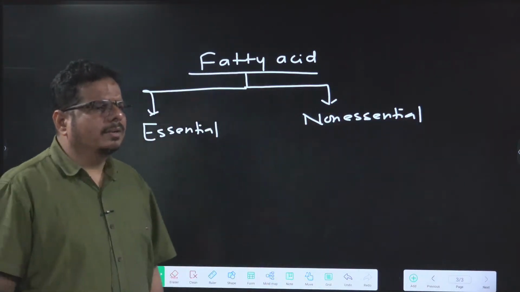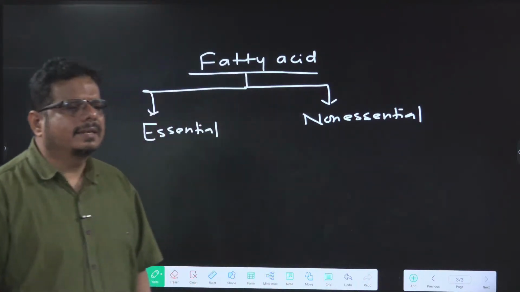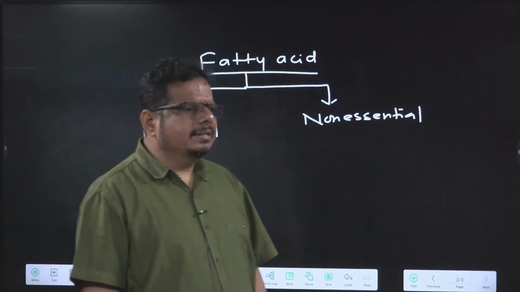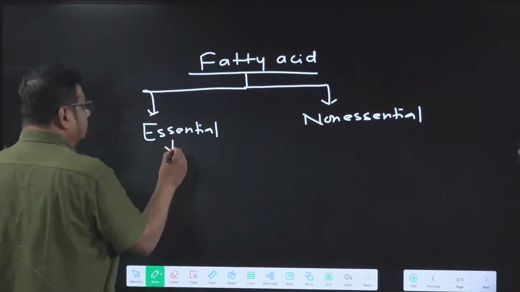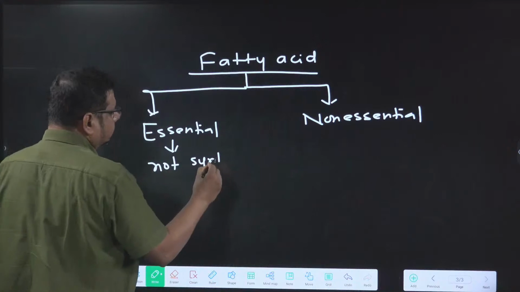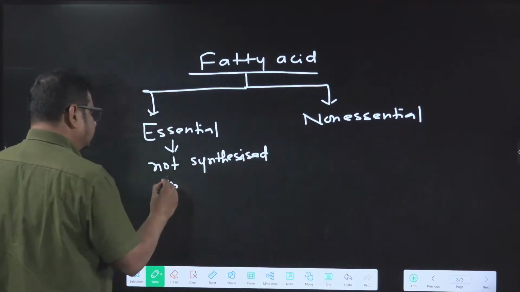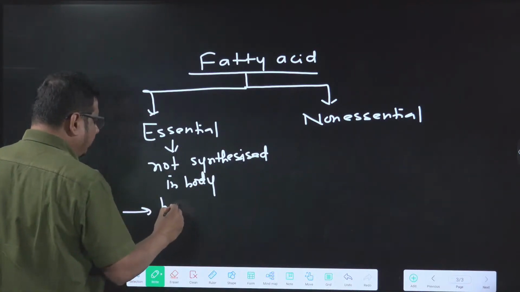So if you talk about essential fatty acid, such kind of fatty acid who not synthesize in our body are called essential fatty acid. So not synthesize in body and have dietary requirement.